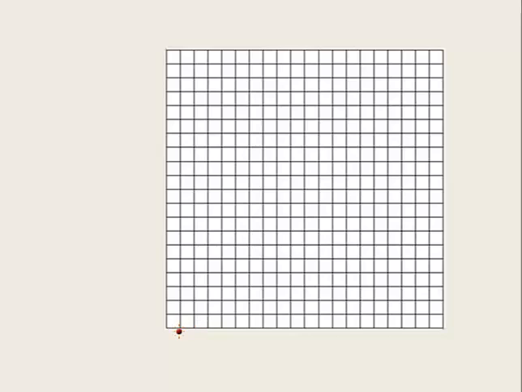So what we're going to have to do is say each space between each line represents 1 day. We don't have to draw them all in. What I'm going to do here is put in my 0 days. And then let's go up by 2.